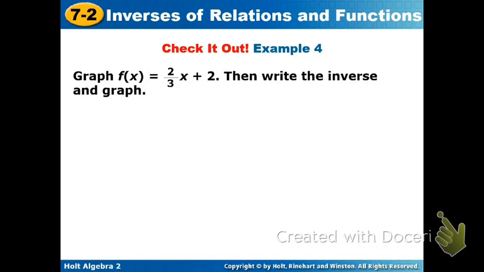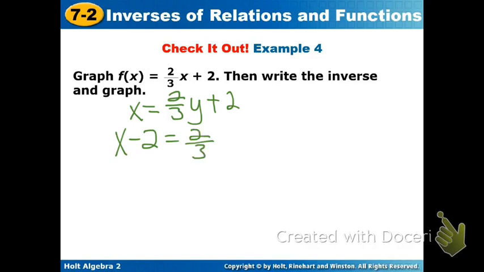So you had x minus 2 equals 2/3 y. And how do we get rid of that fraction? We multiply by the reciprocal. So we multiplied both of these by 3/2. So put your parentheses over here and multiply by 3/2.